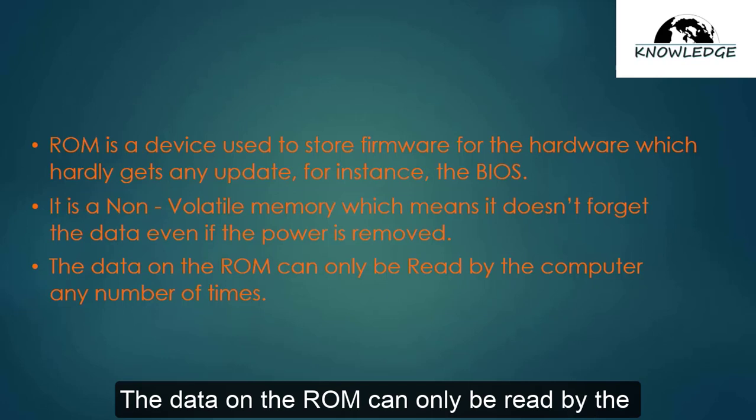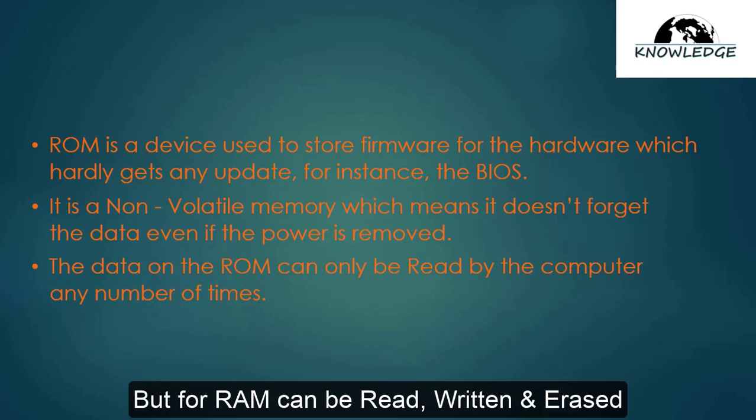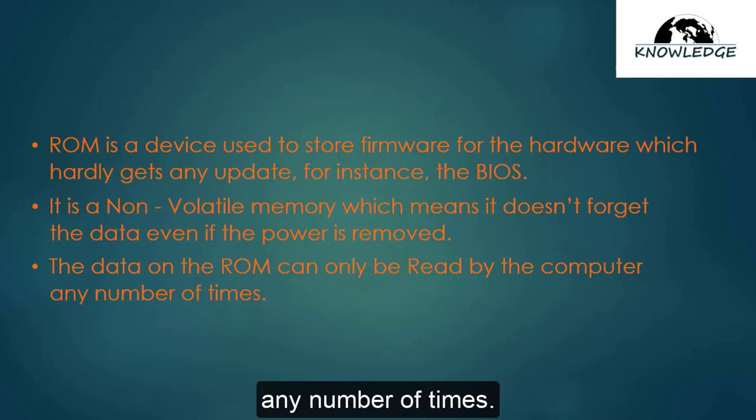The data on the ROM can only be read by the computer any number of times, but RAM can be read, written, and erased any number of times by the computer or the CPU.